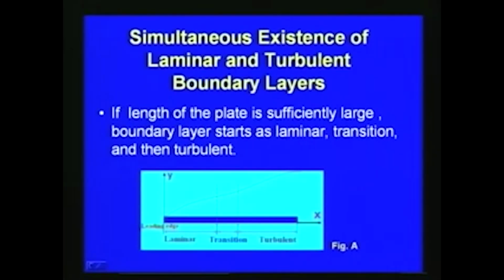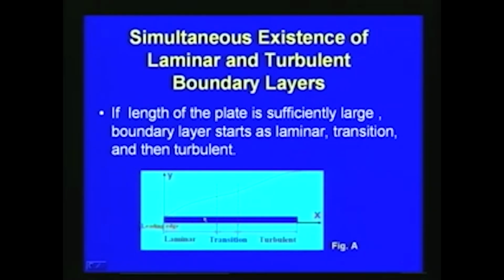So, if you want to find out the various flow parameters, like the coefficient of drag or the drag force, wherever simultaneous existence of laminar and turbulent boundary layer or the transition range comes, then we have to use both the laminar concept as well as the turbulent concept, and then find out the various parameters. So, the next topic is simultaneous existence of laminar and turbulent boundary layers.